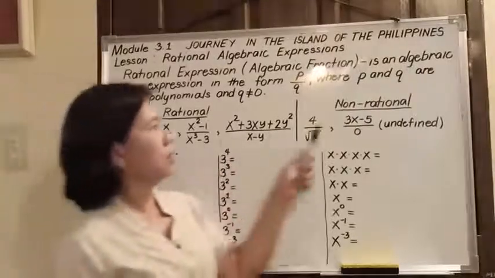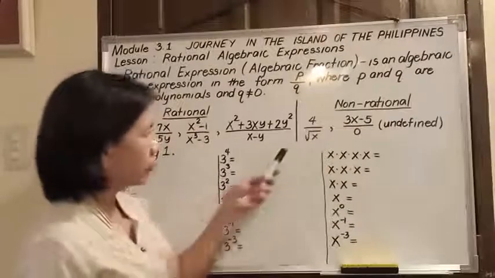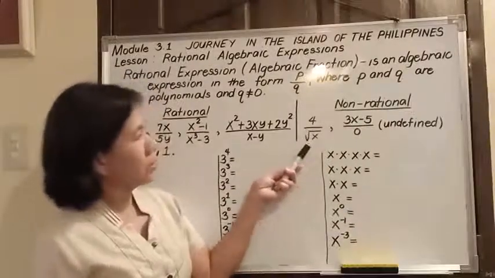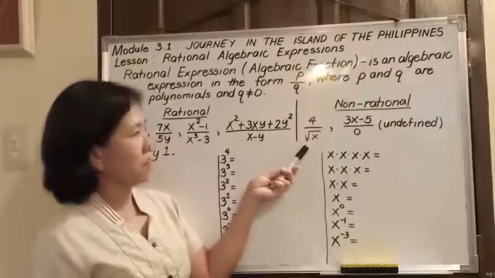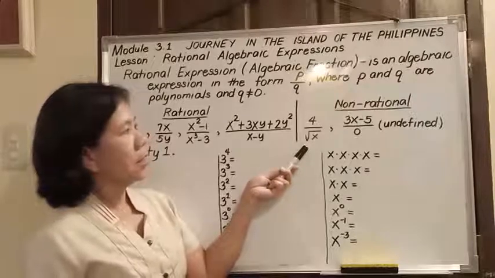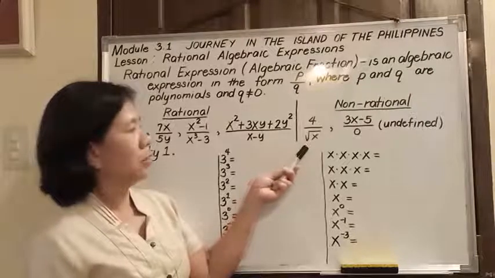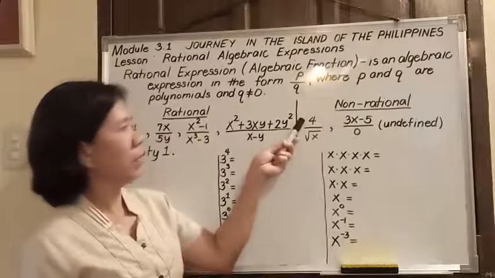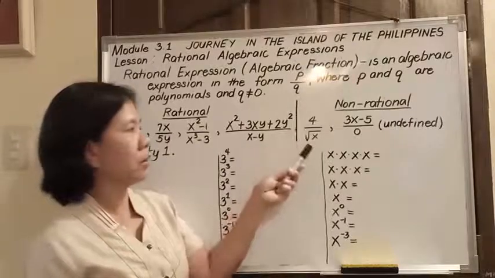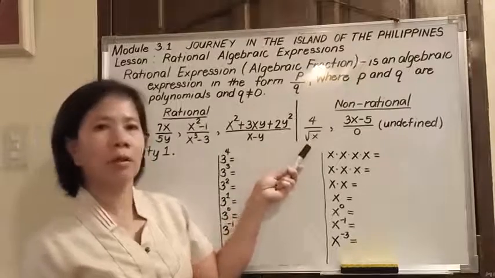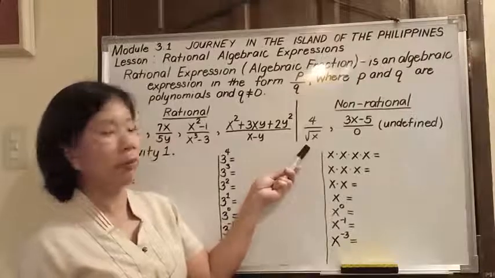Now, what about the non-rational expressions? We look at this example, 4 over the square root of x. This is non-rational because of the denominator. Although 4 is considered as polynomial, the square root of x is not a polynomial, it is a radical number.